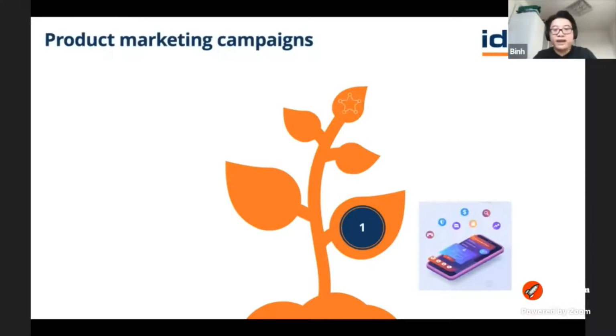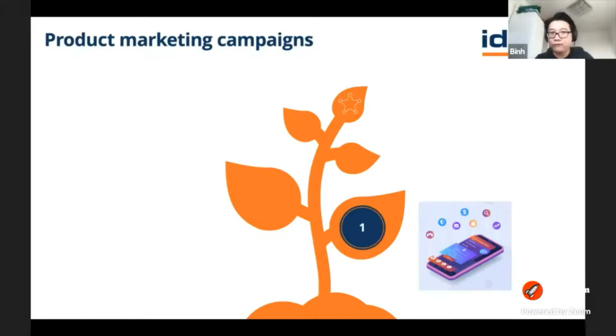Starting off at number 1, the first kind of campaign is something I'm sure most of you are already aware of, which is the product marketing campaigns. In a normal world, most of us are supposed to be doing this most of the time, because it has a direct focus on the app.